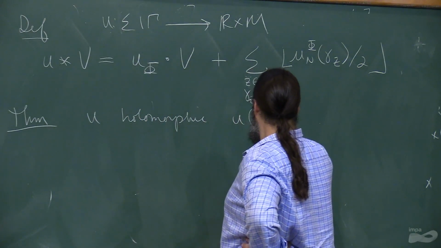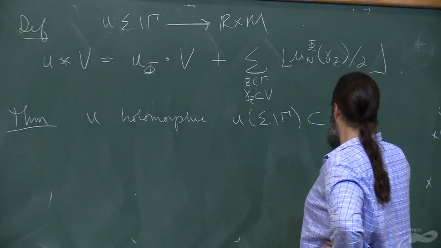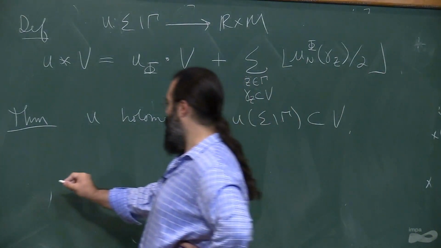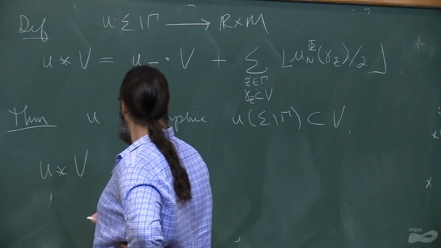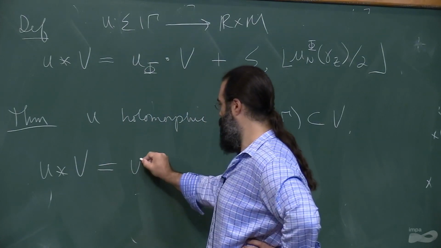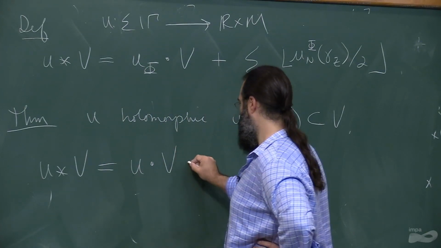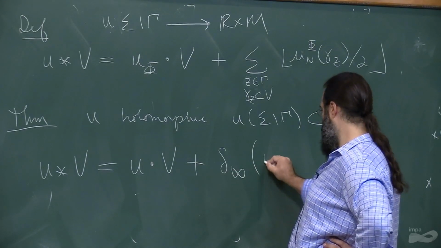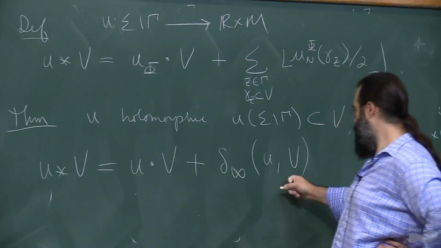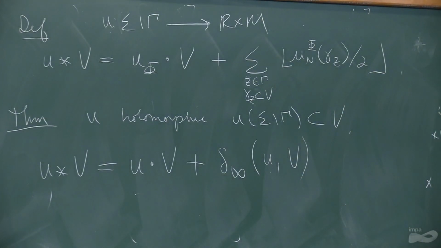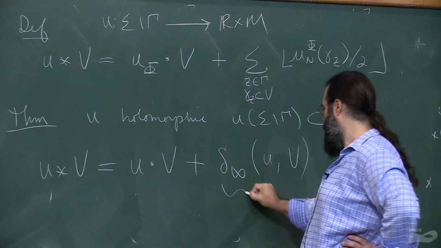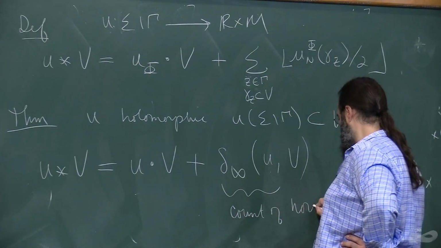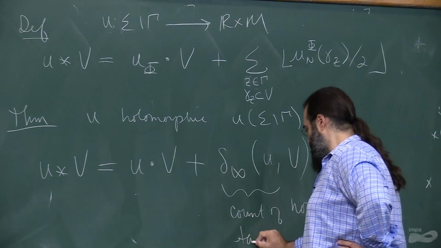Let's say U is not contained in V. Then this product is equal to the actual count of intersections plus a term I'll call delta infinity UV, which is something that one can make precise. This is sort of a count of intersections at infinity, or count of tangency at infinity. Count of a normal tangency at infinity.